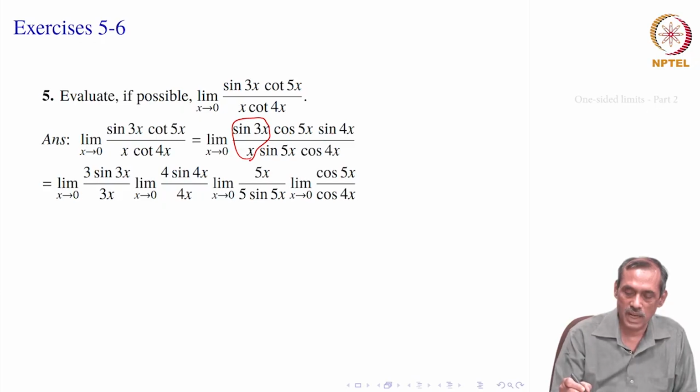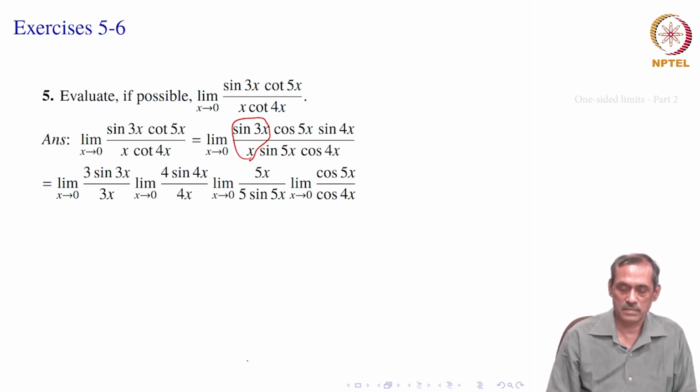Next we look at sin 4x. Similarly, we write sin 4x by x first, and 4 gets cancelled. Then x is divided by sin 5x, with 5 cancelling, and the remaining is cos 5x divided by cos 4x.